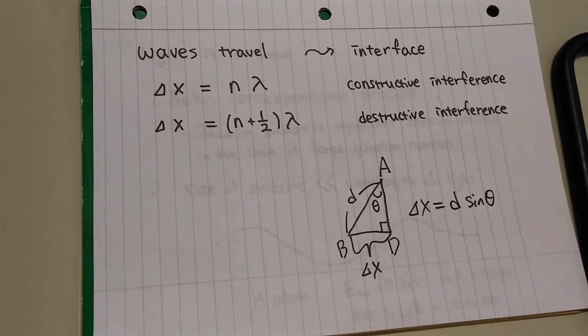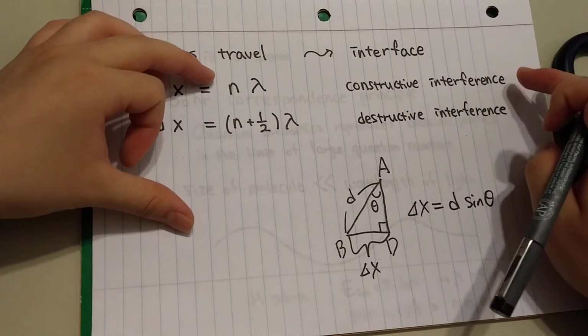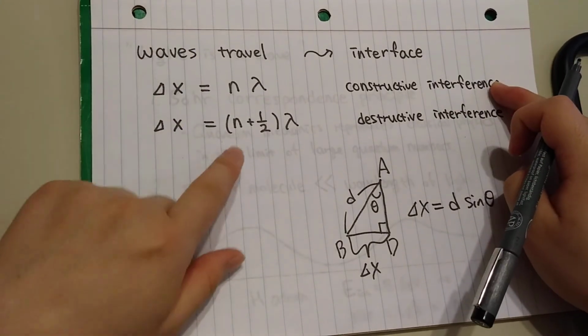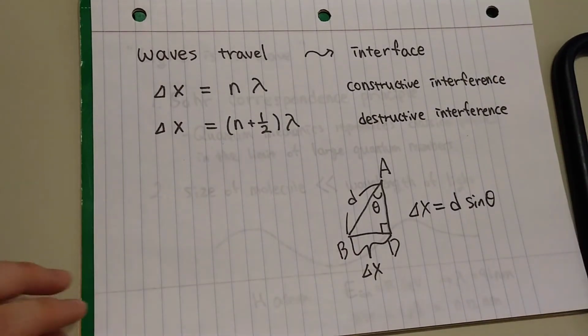So from here, if this is equal to n times the wavelength, it will be a constructive spot. If it's n plus a half times the wavelength, it will be a destructive spot.